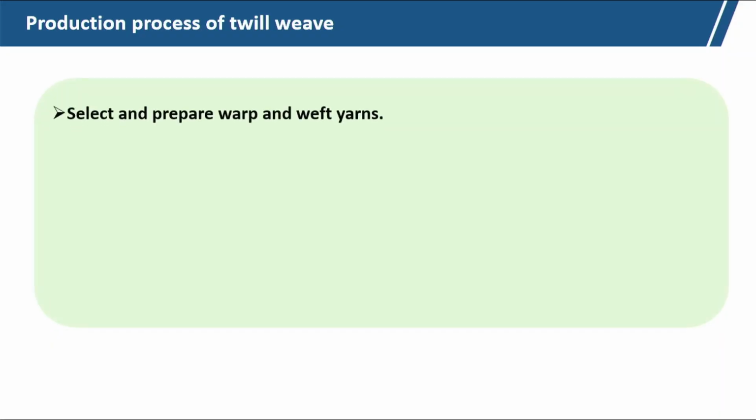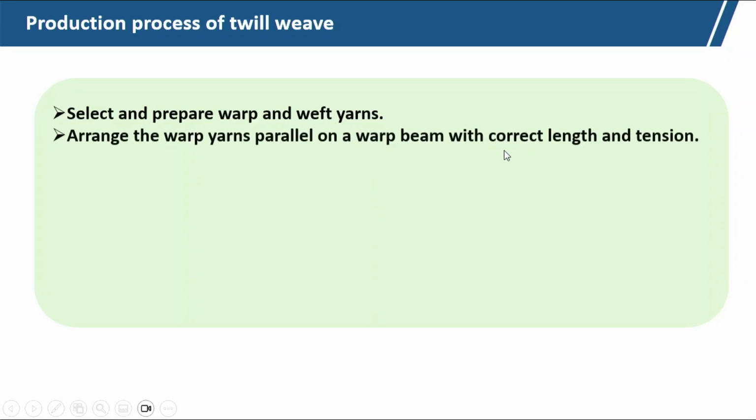Now, production process of twill weave, it is similar to the plain weave. So, we have to select and prepare the warp and weft yarn, arrange the warp yarn in parallel beam with the correct length and tension.